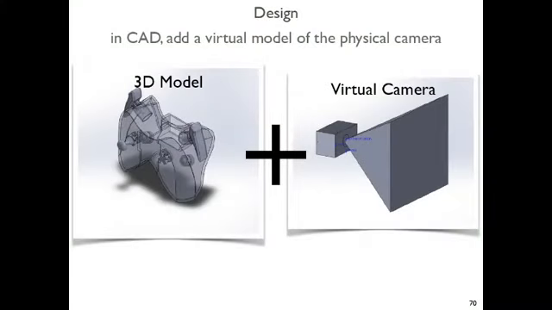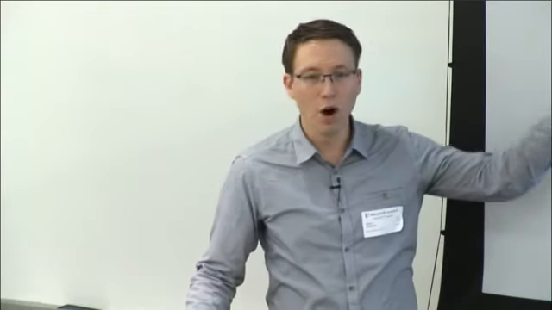How this works is this is a plugin to CAD software. Here we assume that you have some familiarity with CAD. We use SolidWorks, but you can substitute any CAD software. You model the thing you want to create, and then you add into your model one more object, and that's a virtual camera. The virtual camera matches the size, shape, and optical parameters of a physical camera we have.